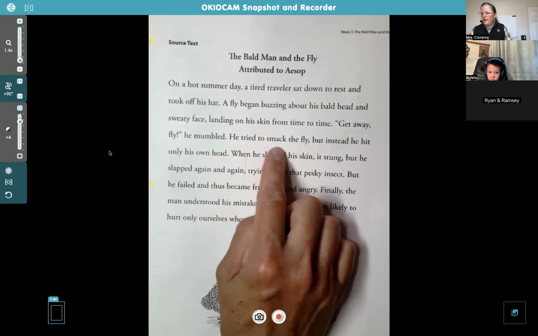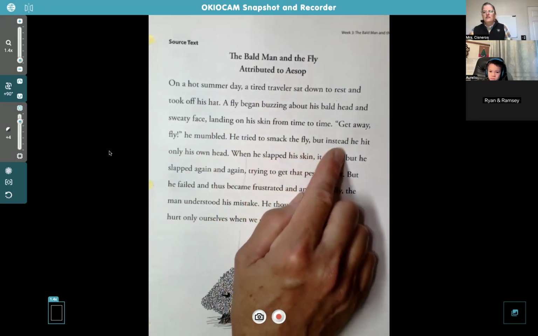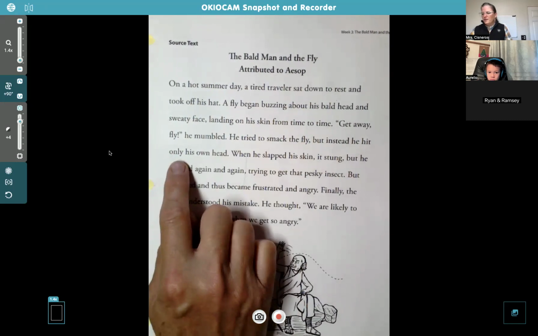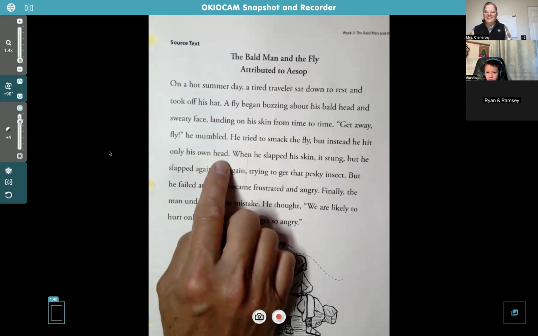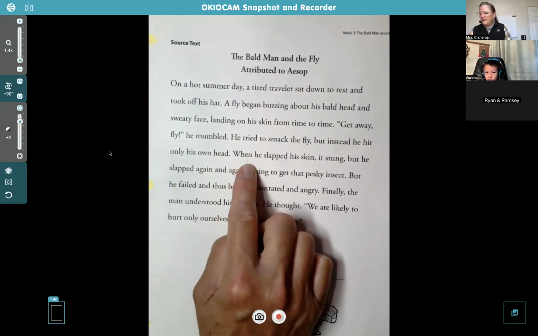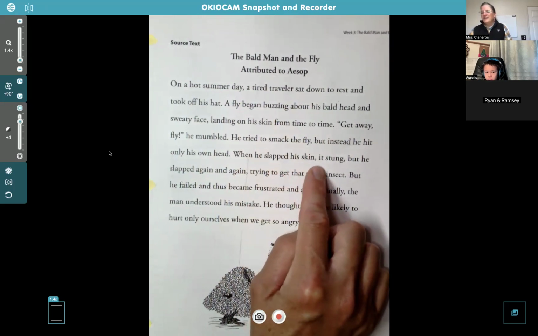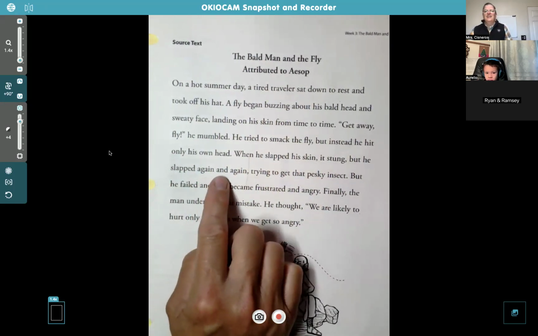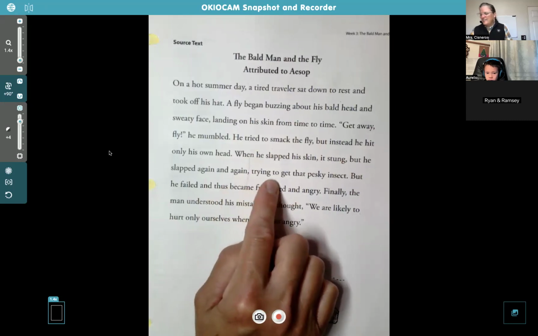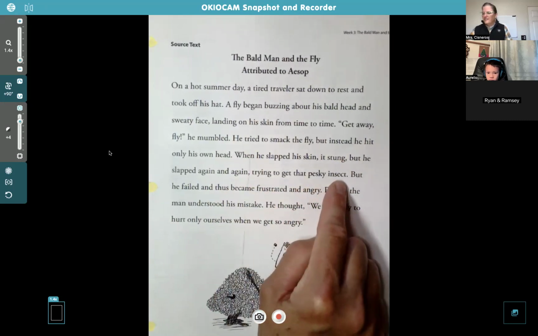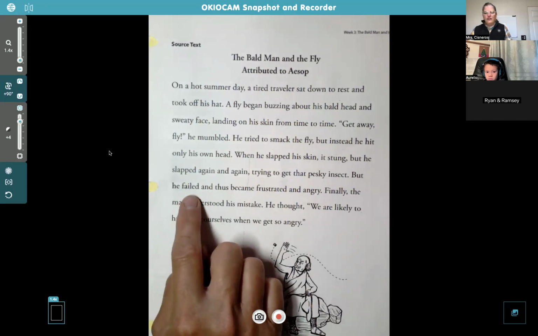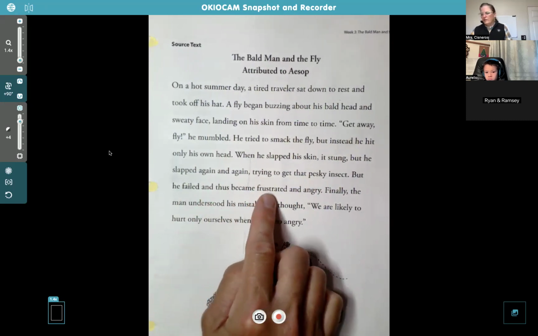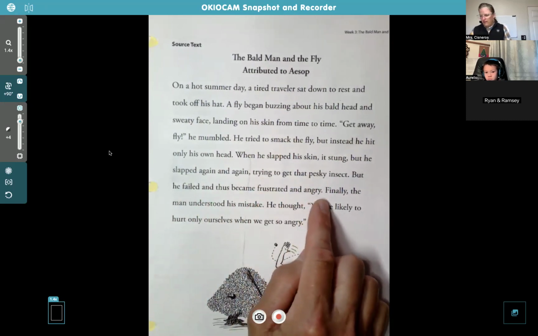He tried to smack the fly, but instead he hit only his own head. Poor guy. When he slapped his skin, it stung. But he slapped again and again, trying to get that pesky insect. But he failed, and thus became frustrated and angry.